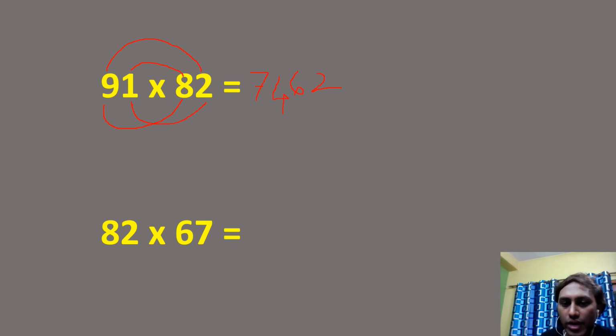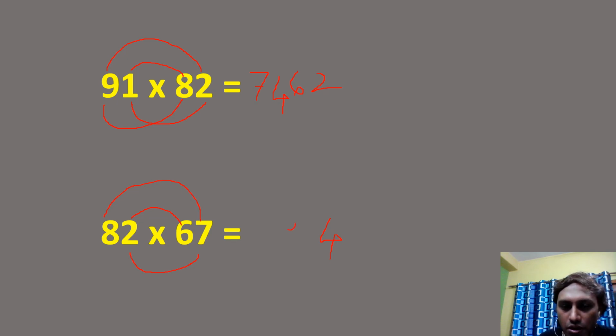That is so cool, right? Next, multiply these two. Again, 2 into 7 is 14. So 4 and we get 1 carry. Now 2 into 6 is 12 and 8 into 7 is 56, right? 56 plus 12, 68 and 1 carry, 69.